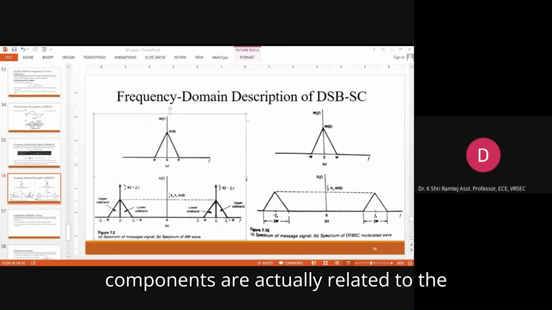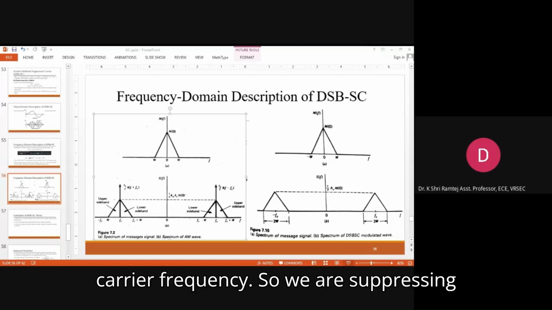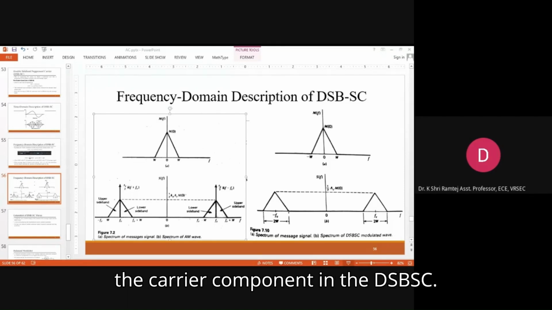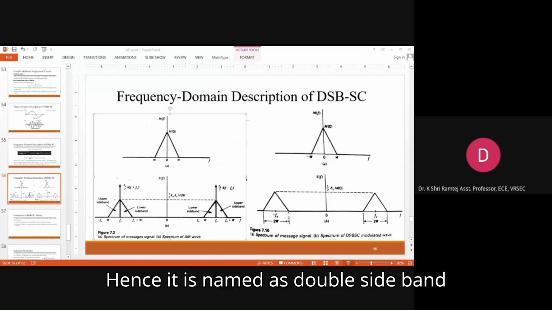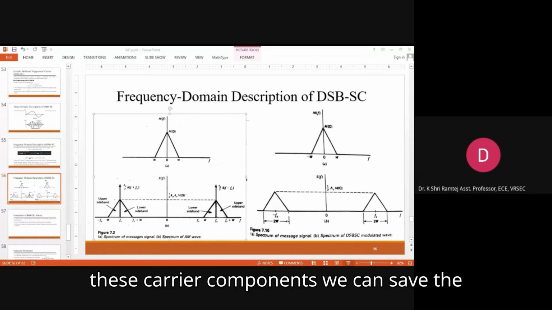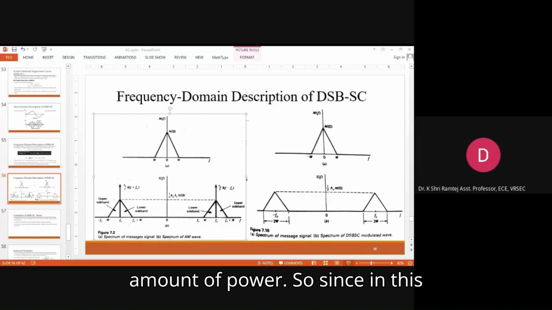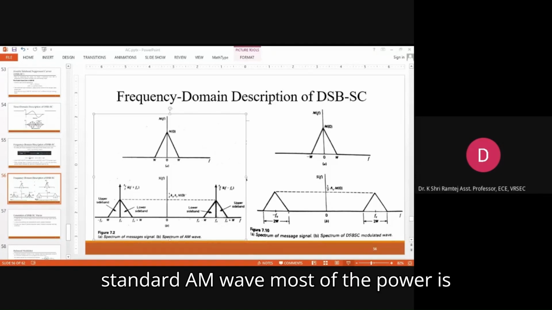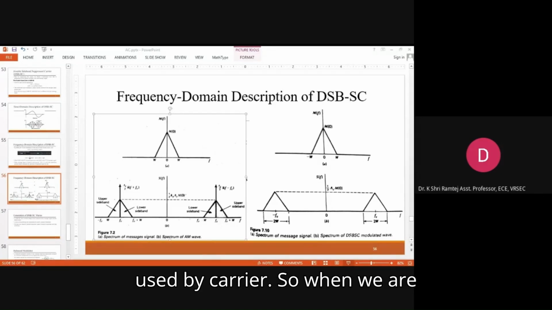These components are actually related to the carrier frequency. So we are suppressing the carrier component in the DSB-SC. Hence, it is named double sideband suppressed carrier. By removing these carrier components, we can save power, since in the standard AM wave most of the power is used by the carrier.